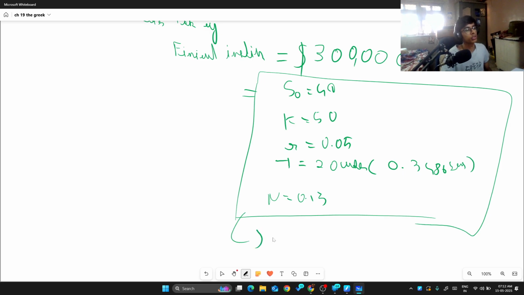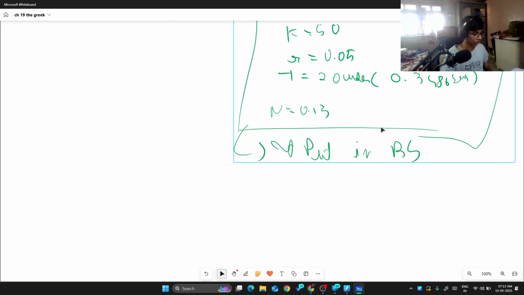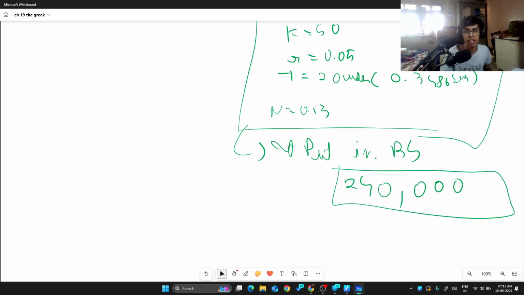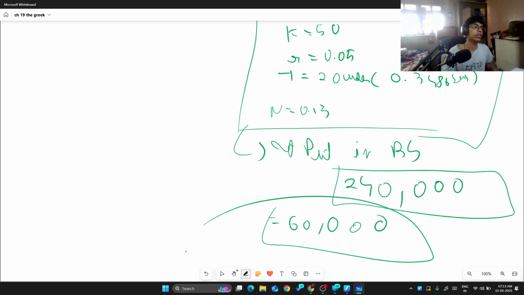If we put these values in our BS formula, the theoretical price for our option comes to $240,000. It means that we sold $60,000 more than the theoretical value in our portfolio of derivatives.